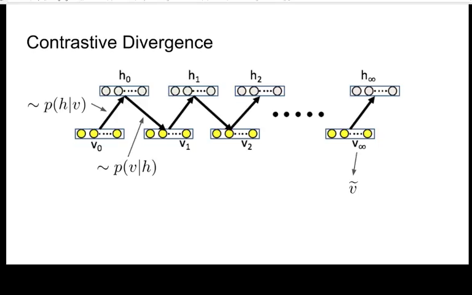But you're not going to let things run to infinity. Typically you just run it for k steps, and you call it contrastive divergence of k, CD-k. In general, it's observed that a k value of 1 is actually good enough. So that's nice.